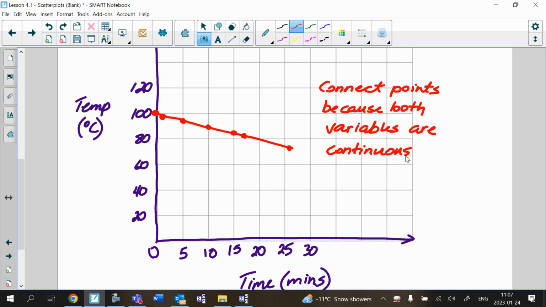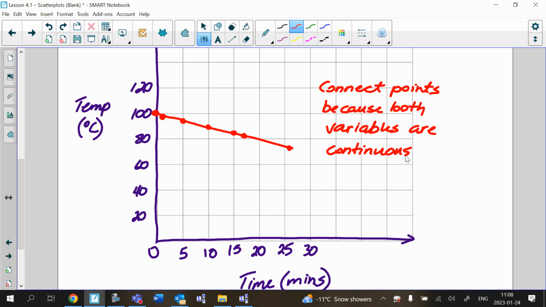And finally, I just want to talk about anticipating graphs. How can we predict the shape of graphs given the situation? So here are 4 situations and 4 graphs.